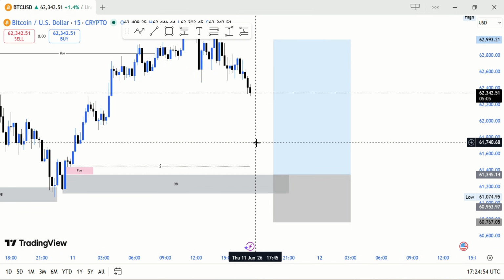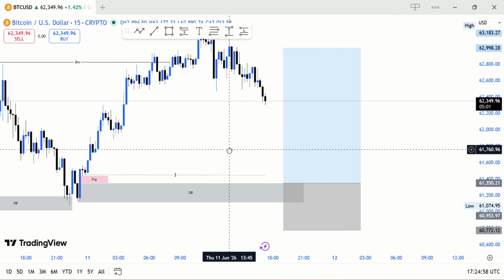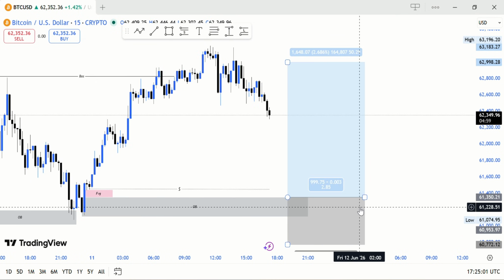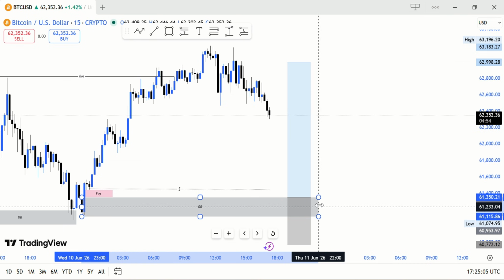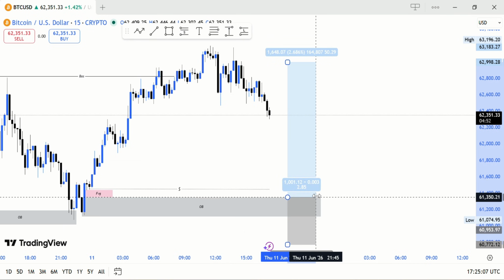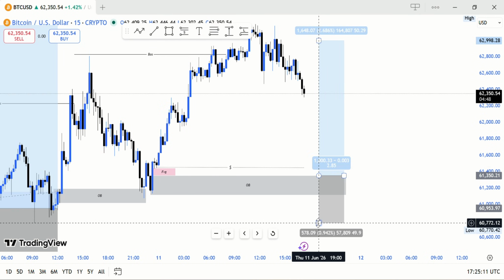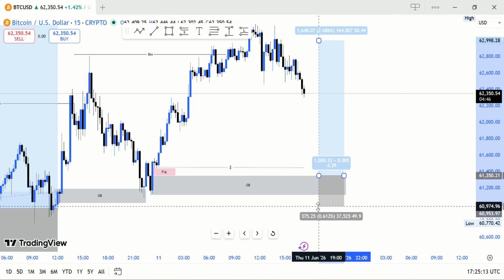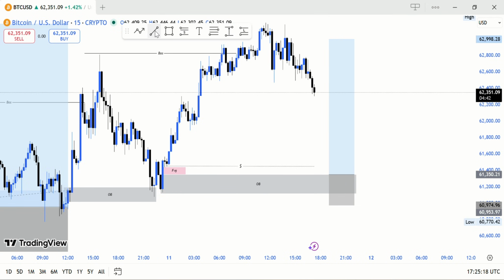So this is a very good one for me at this point. So I would prefer to take it from here, my 15 minutes time frame, and my stop loss around this side here.